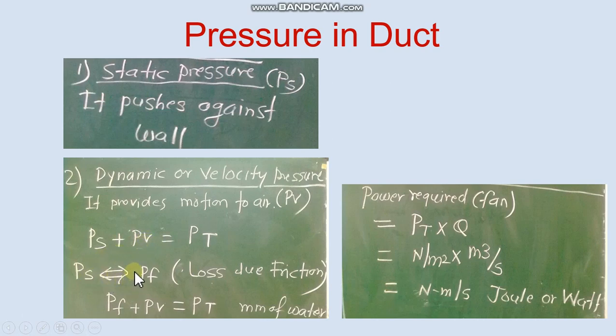Static pressure is equivalent to the loss of pressure due to friction. The power required to drive the fan is calculated by taking the product of total pressure and volume flow rate, which is calculated in watts.